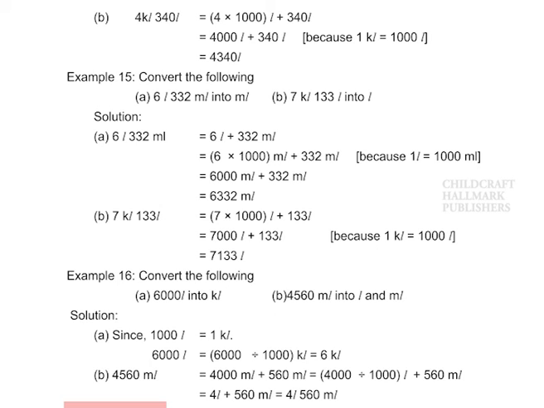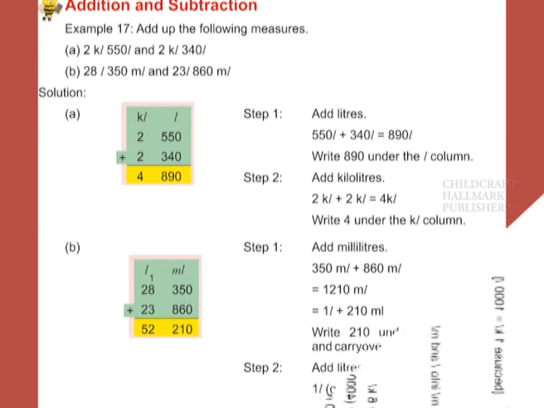Solution: since 1000 liters is equal to 1 kiloliter, 6000 liters is equal to 6000 divided by 1000 kiloliters, which is equal to 6 kiloliters. 4560 milliliters is equal to 4000 milliliters plus 560 milliliters, which is 4000 divided by 1000 liters plus 560 milliliters, which is 4 liters plus 560 milliliters, which is 4 liters 560 milliliters.